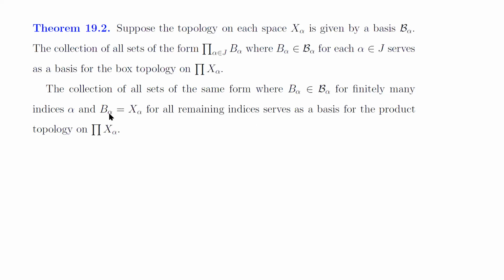So basically we need to prove whether this Cartesian product of B alpha, where B alpha is a basis, can serve as a basis for the Cartesian product topology. Okay, so basically the Cartesian product of bases is also a basis, right? Yes.